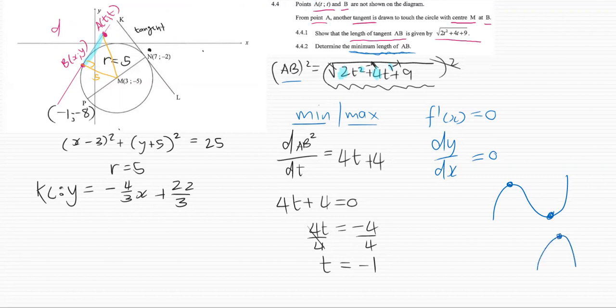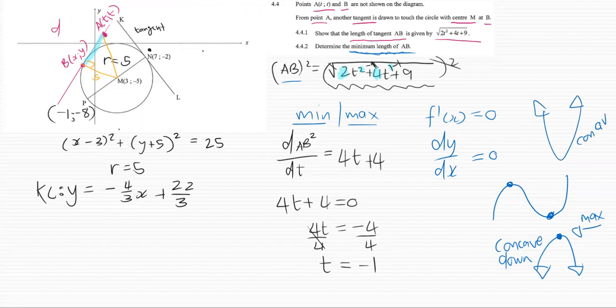This one's concave down, because it's this frowny face, and therefore it has a maximum value. They've asked for the minimum value, so we actually want the concave up. This one's concave up, and that one concave up has a min value. So we know that this is actually the x of the min value.